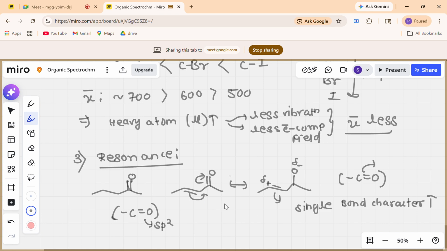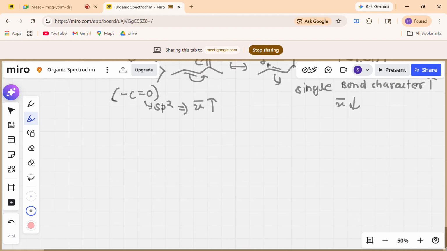But when a conjugated resonance can happen in your molecule, like an alpha beta unsaturated system present next to a carbonyl group, then the corresponding charge separation gives rise to increased single bond character of that carbonyl group or CO bond. So it is more like between sp and sp2 now, and that is why its corresponding stretching frequency will decrease, whereas here it is pure sp2 and hence the stretching frequency will be higher.